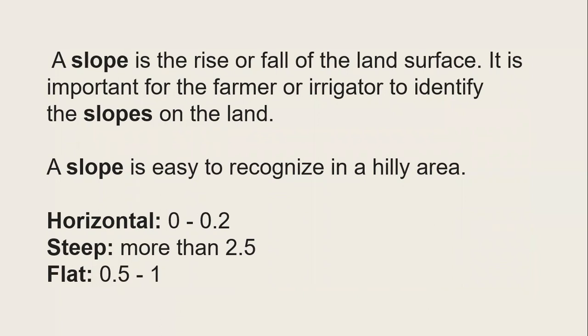Next one is slope. I am explaining the theoretical aspect of slope. The definition: a slope is the rise or fall of the land surface. It is important for the farmer or irrigator to identify the slope of the land. A slope is easily recognized in a hilly area.